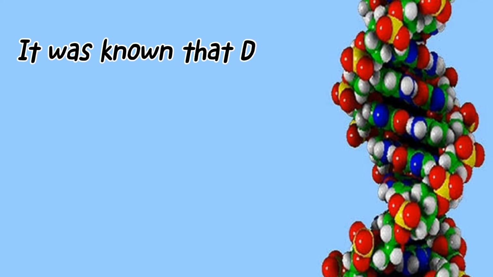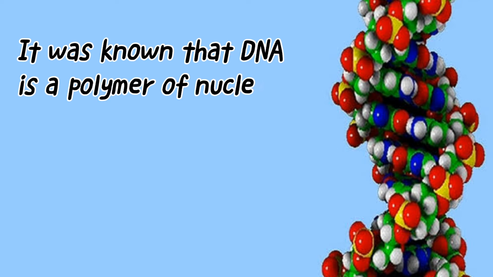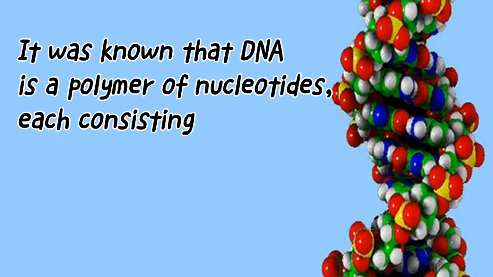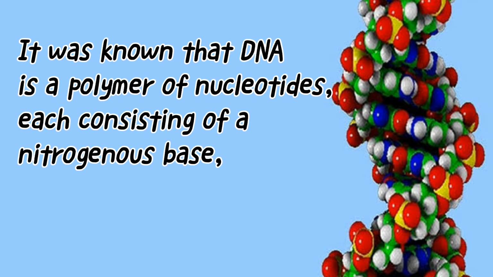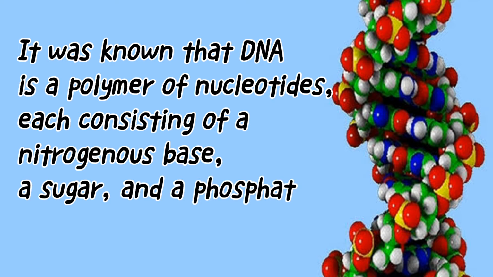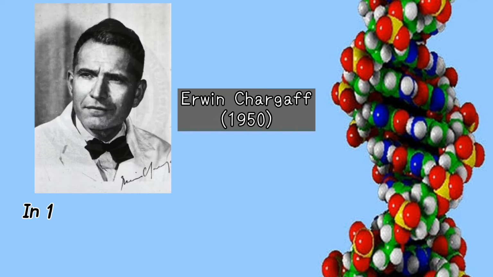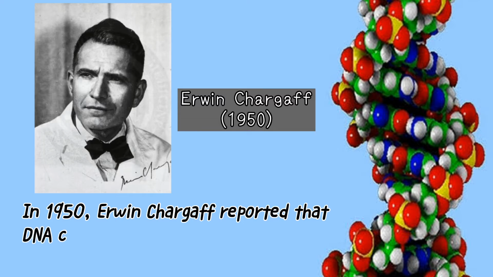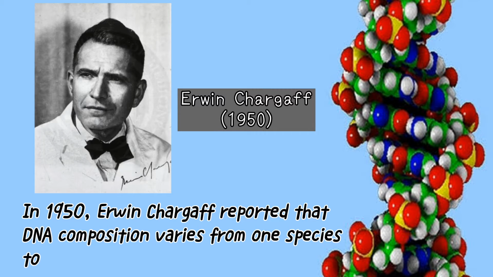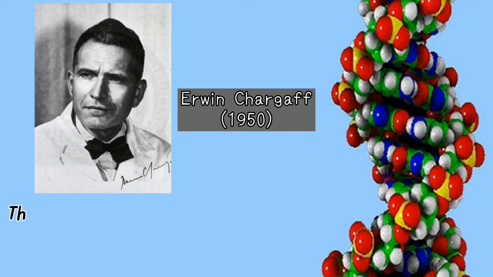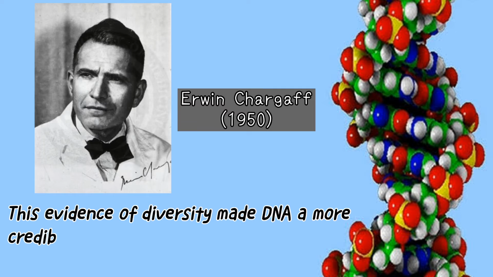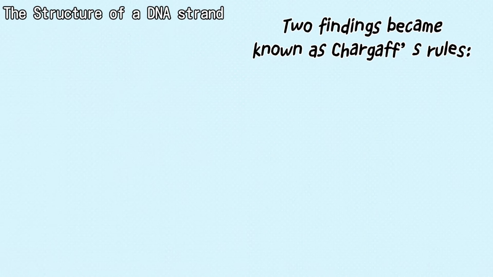It was known that DNA is a polymer of nucleotides, each consisting of a nitrogenous base, a sugar, and a phosphate group. In 1950, Erwin Chargaff reported that DNA composition varies from one species to the next. This evidence of diversity made DNA a more credible candidate for the genetic material.